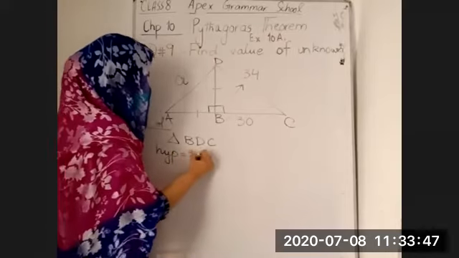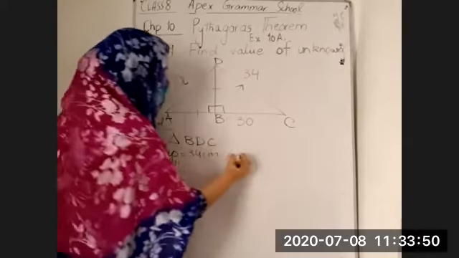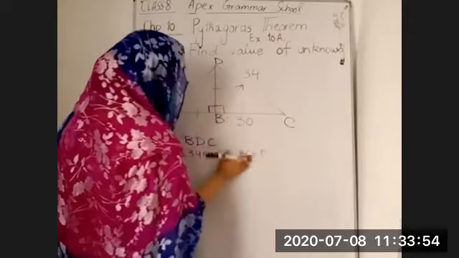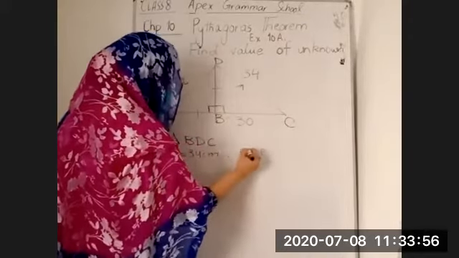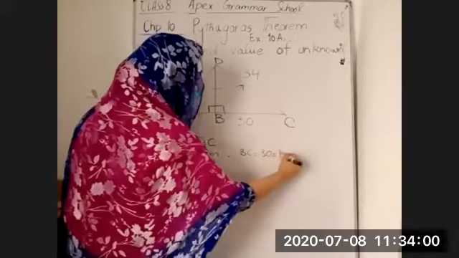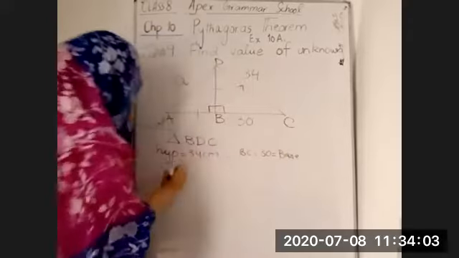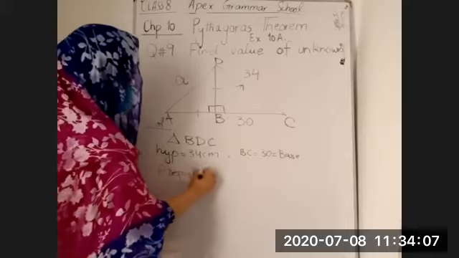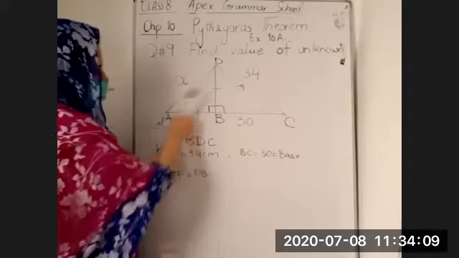Your hypotenuse is 34 centimeters. BC equal to 30 is your base, while your perpendicular is DB, and we have to find that.